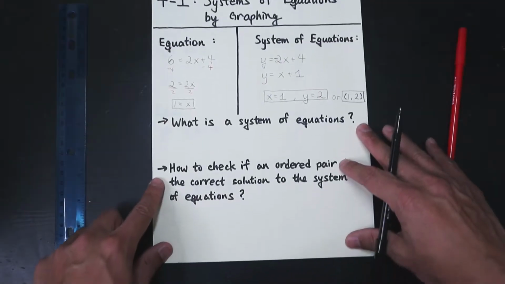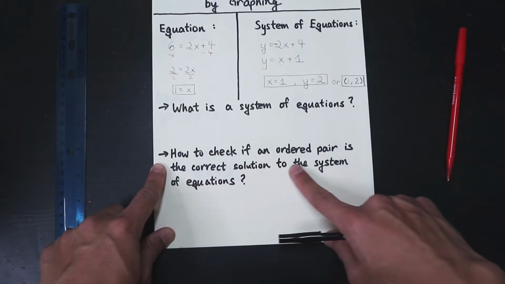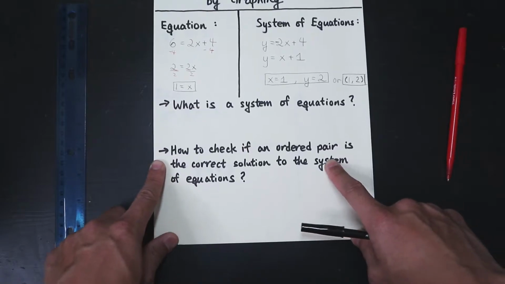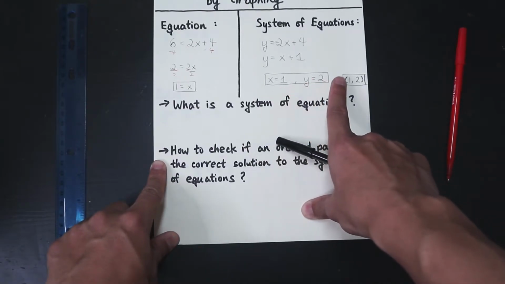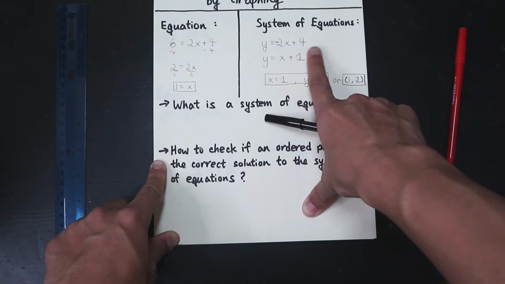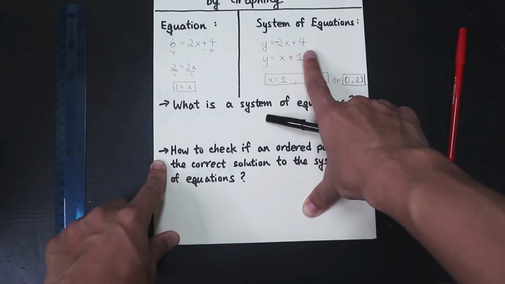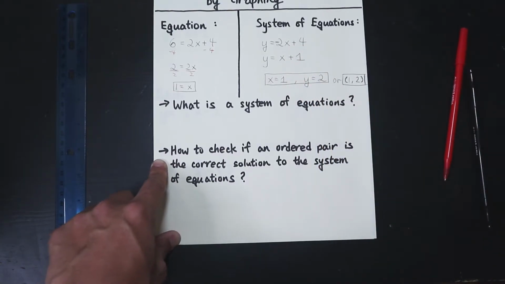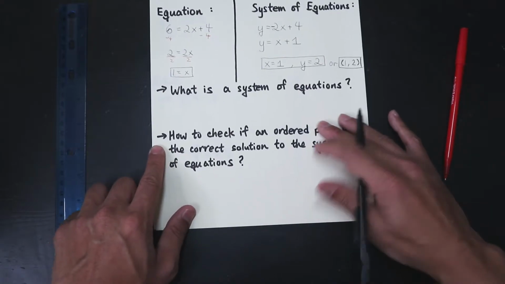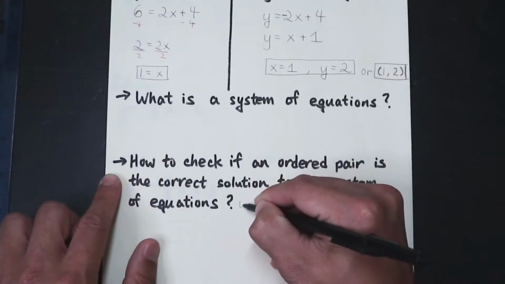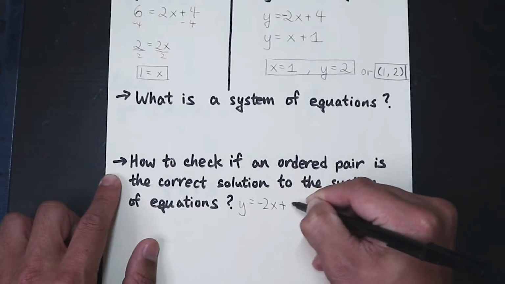How do you check if an ordered pair is the correct solution to a system of equations? In other words, how do you know that (1, 2) is the correct answer for these two equations? We're going to learn how to do that. First, we write the equation y equals negative 2x plus 4.